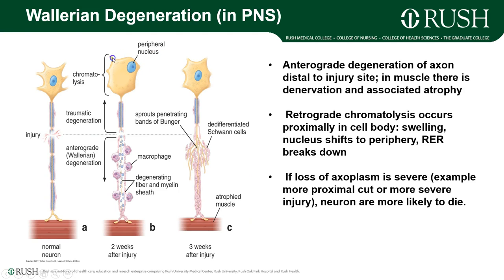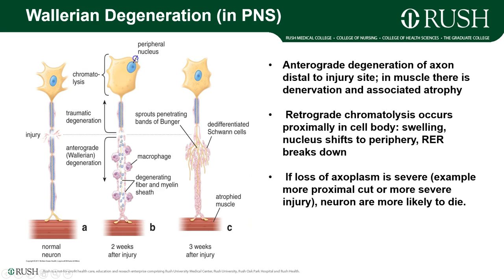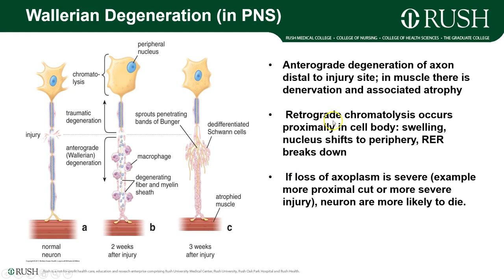So there are a lot of things happening inside the cell body as well as the axon. In addition, if there's a lot of damage here and the axoplasm, which is the axon cytoplasm, is severely compromised, then the chances are this neuron will die.